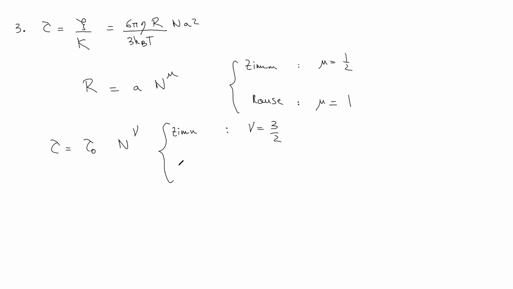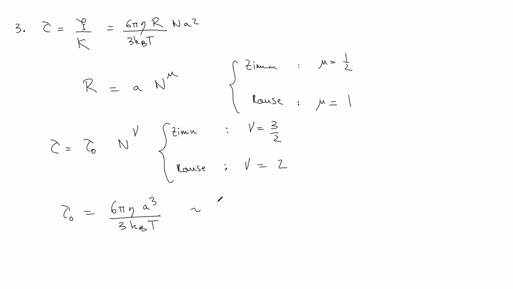And in the Rouse case, it's the power 2, because you are adding this guy to mu. And tau, let me write it here. It's 6 pi eta R being equal to A cube over 3 kBT. And this is the time scale.